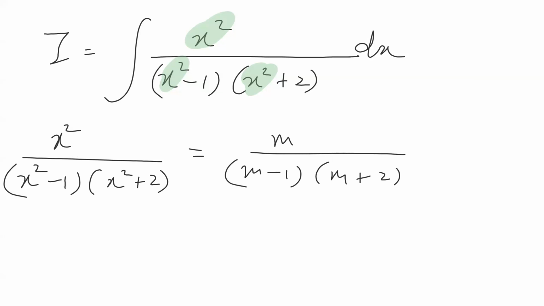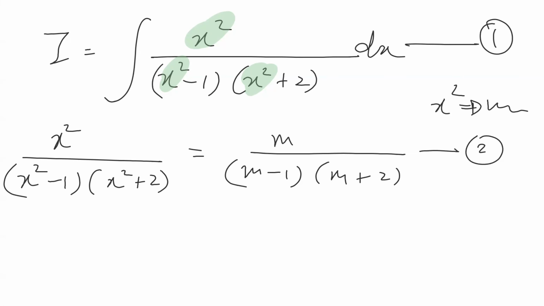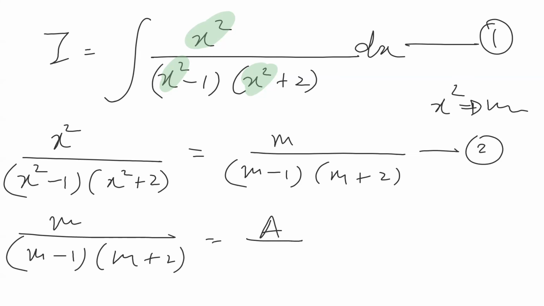Within the method of partial fractions, we are considering x square as m. So this is equation number 1, and we got equation number 2. Next step: m upon m minus 1 into m plus 2 is equal to a upon m minus 1 plus b upon m plus 2.